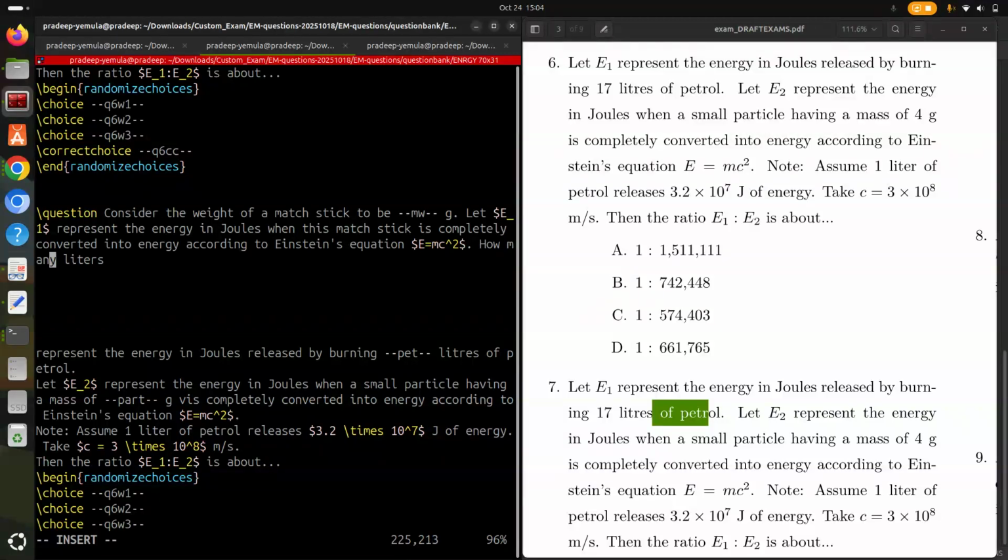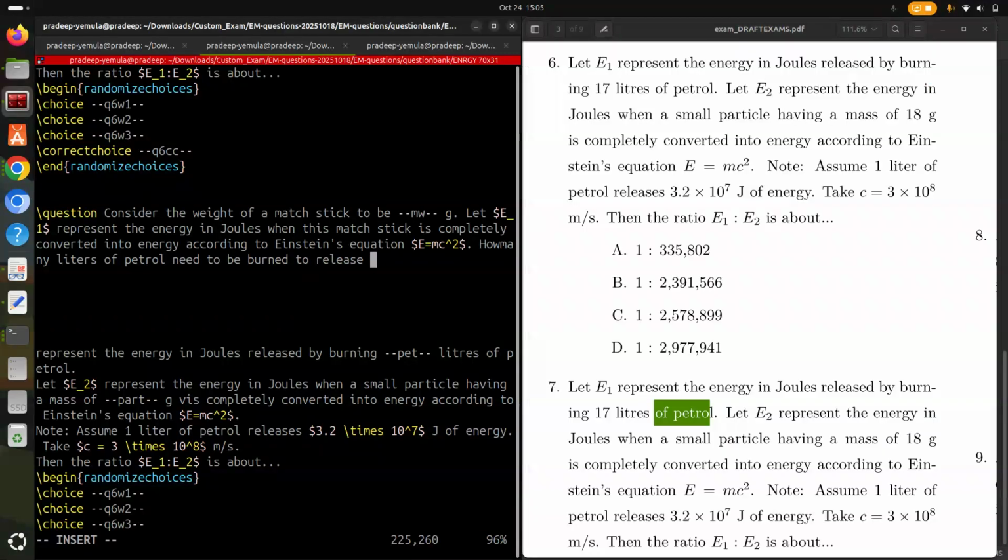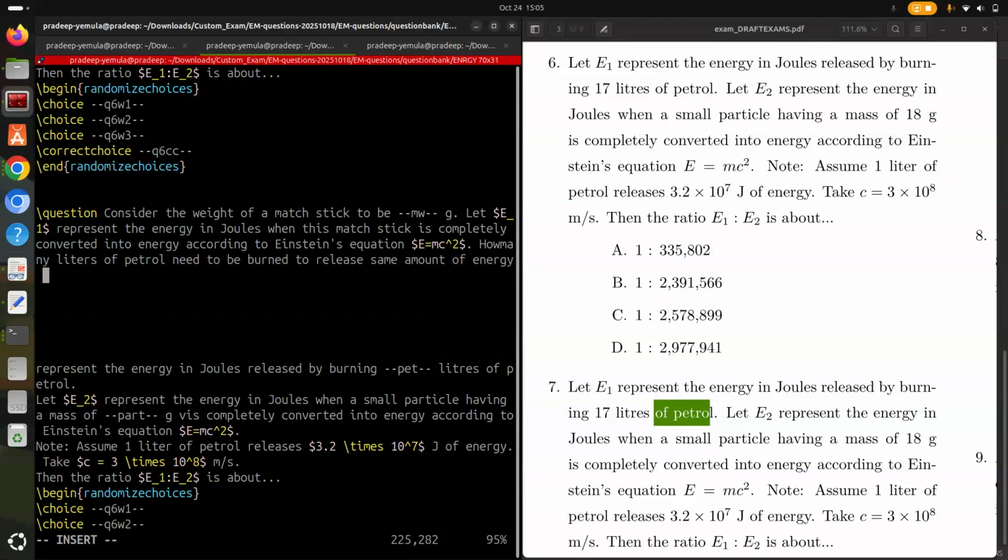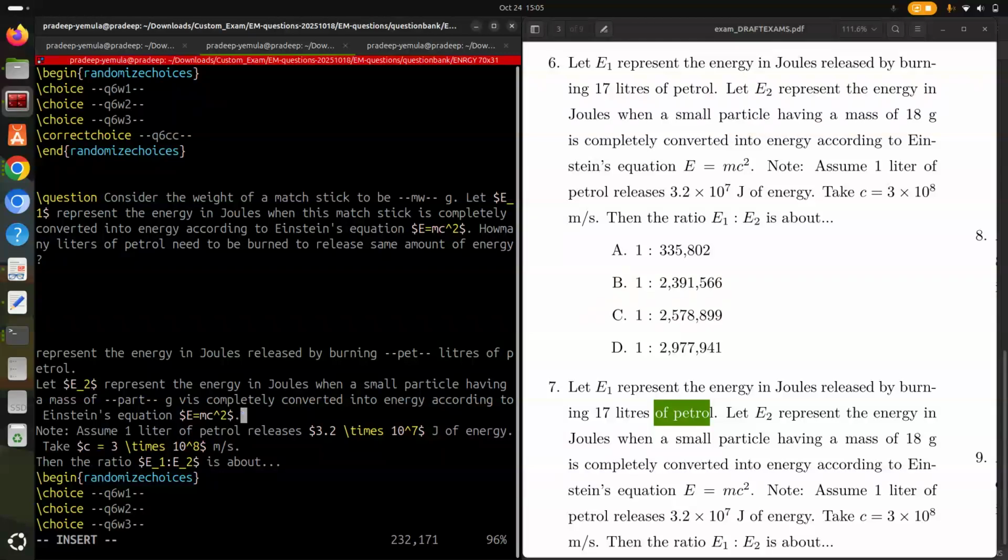How many liters of petrol need to be burned to release the same amount of energy? Then this one will be there.